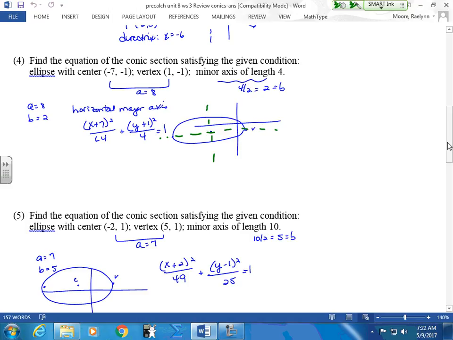Like if it's short of the axis, don't put it over. If it's over, don't put it short. You know what I'm saying? So kind of judge that by where your center is. Remember again, when they give you a minor axis or a major axis length, you're going to have to cut it in half to get the A or the B, because that's the length of the whole axis.